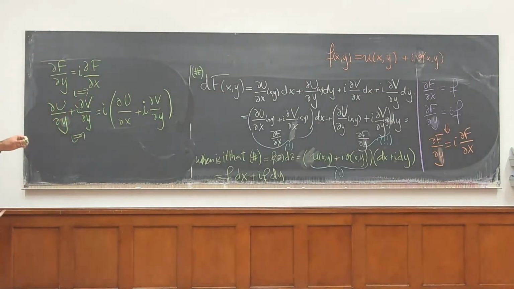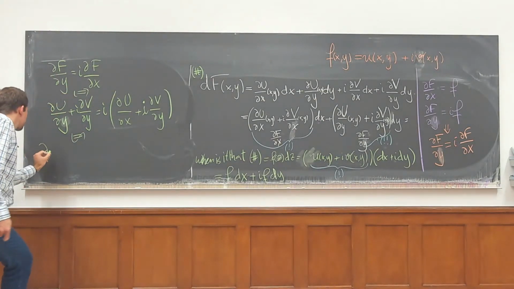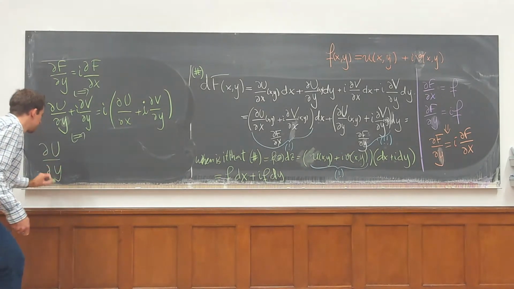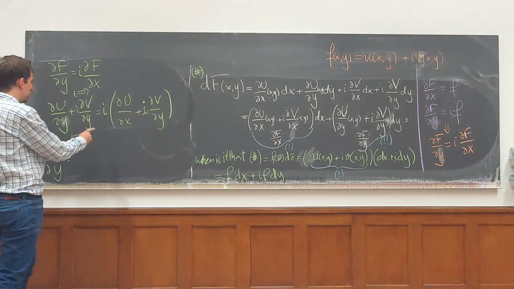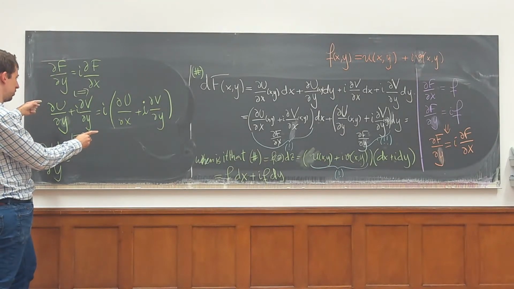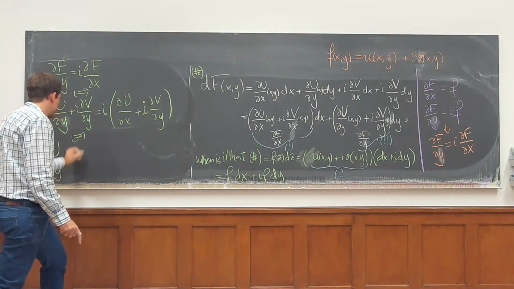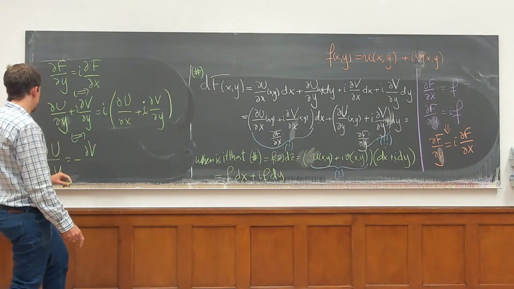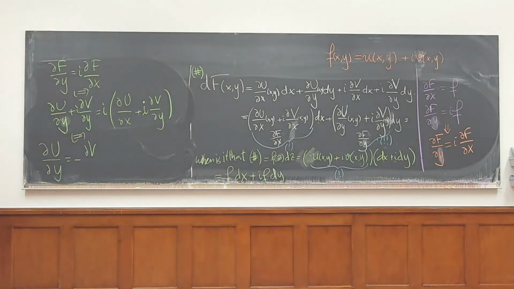Okay, so now let's work this out. Let's just match terms, right? Let's match real terms. We have that the partial of u with respect to y is equal to minus the partial of v. There is an issue here for sure.